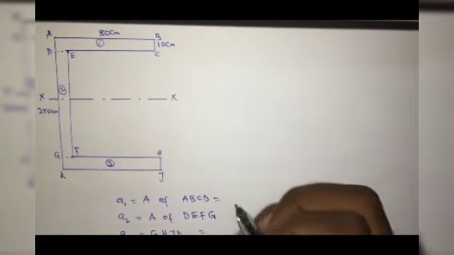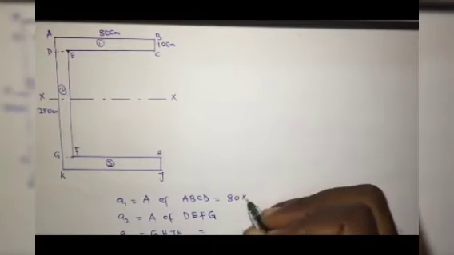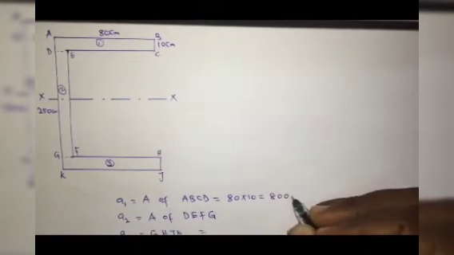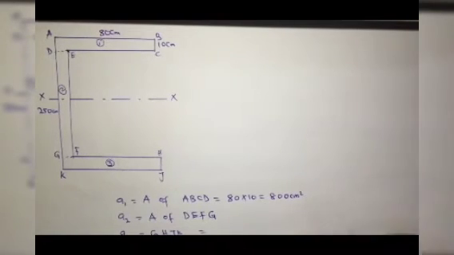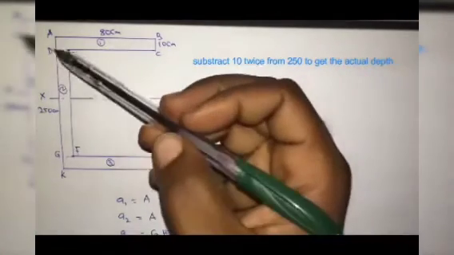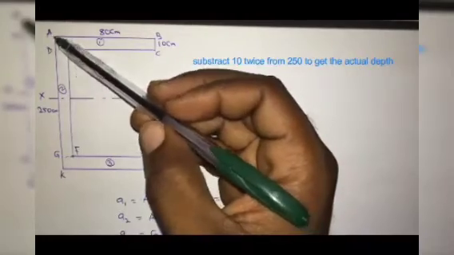So we use the formula for the area of a rectangle, which is base times height or length times breadth. In this case we have 80 times 10, which is 800 centimeters squared. That's the area of the first rectangle. The third has the same dimension as the second.